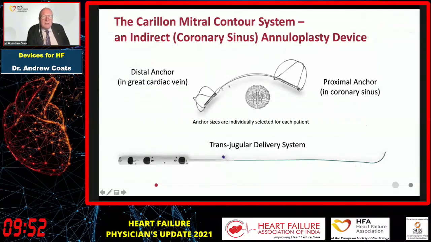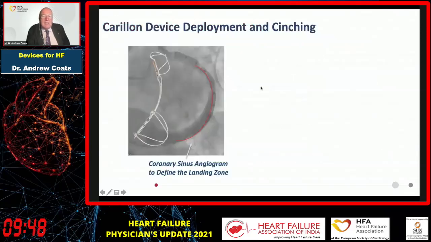Then the device can be deployed and it expands and you get 2 anchor points. And here we show it in place. So the catheter puts it into the coronary sinus. The device can then be released and it crimps, it just reduces the diameter of the left ventricle at approximately mitral valve level.